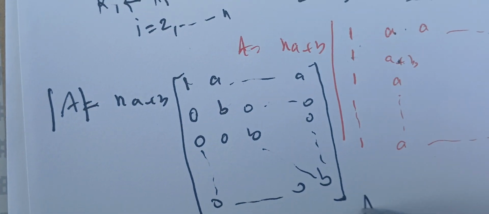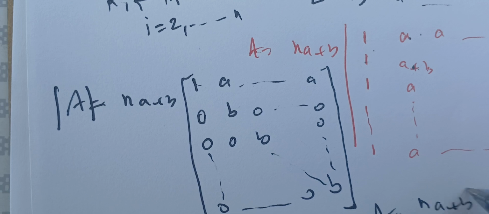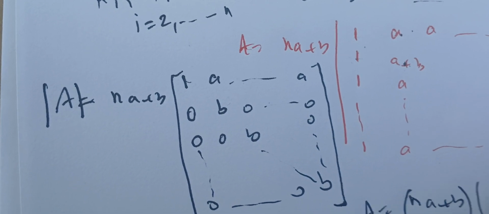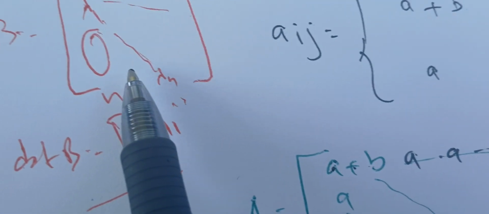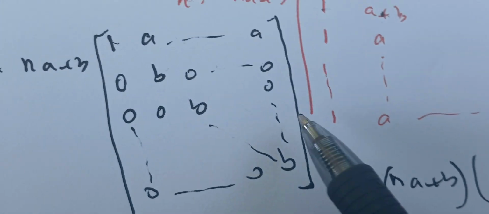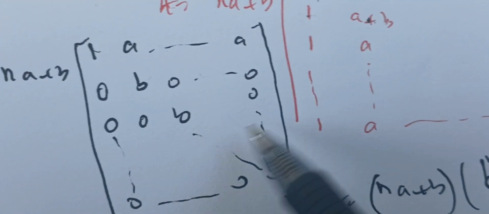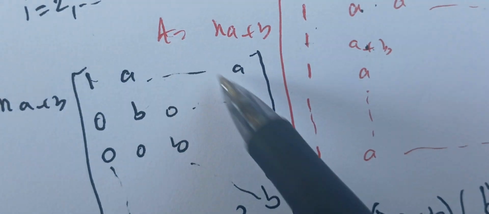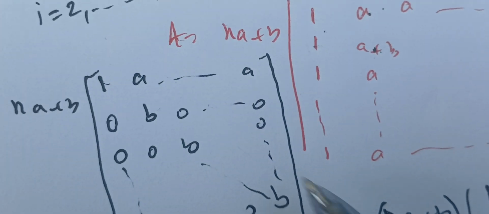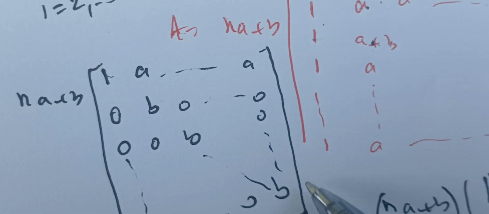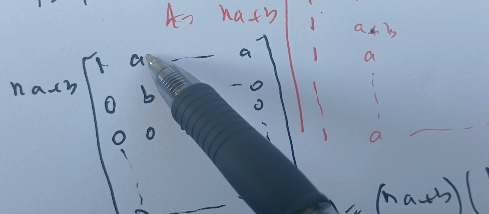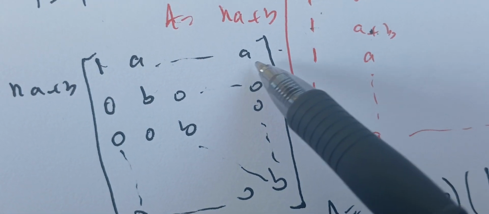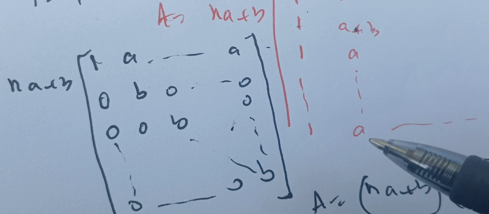So the determinant of A is na plus b times b to the power n minus 1. I used the fact that I talked about earlier, which is assumed to be known: the determinant is the product of the diagonal elements. If you don't want this, you can expand along the first row and keep going until you find this determinant.